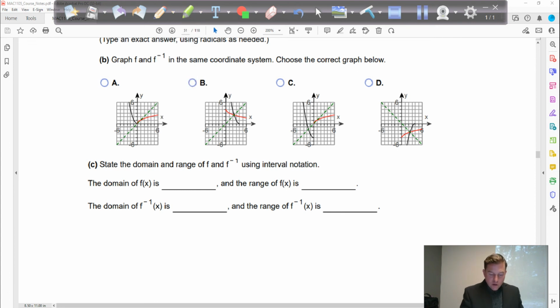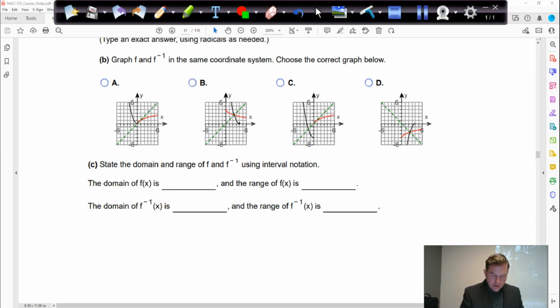The black curve right here, its domain goes from minus infinity to 4. So the domain of f of x is minus infinity up to 4 and including 4. The range of f of x starts at 0, including it, and then it's going to go up to positive infinity.